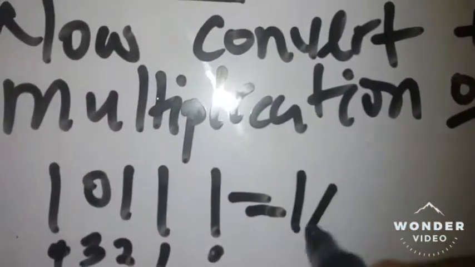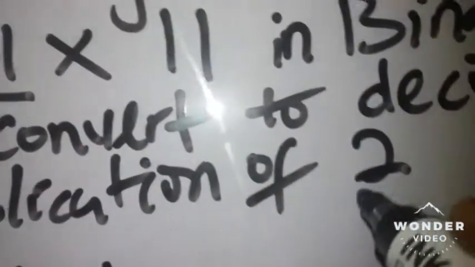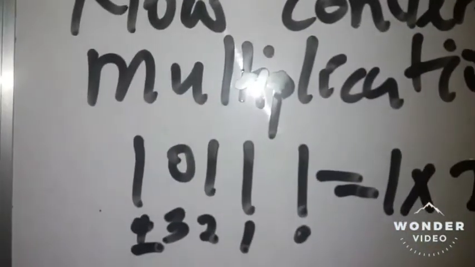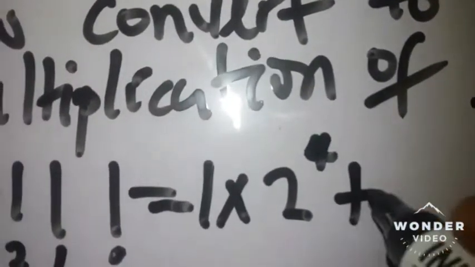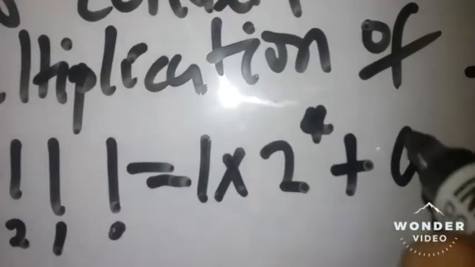You pick this one, that's 1 times 2 raised to power 4 here, because that's the position of that figure. Then plus, you pick the next digit, that is 0. That is 0 times 2 raised to power 3.